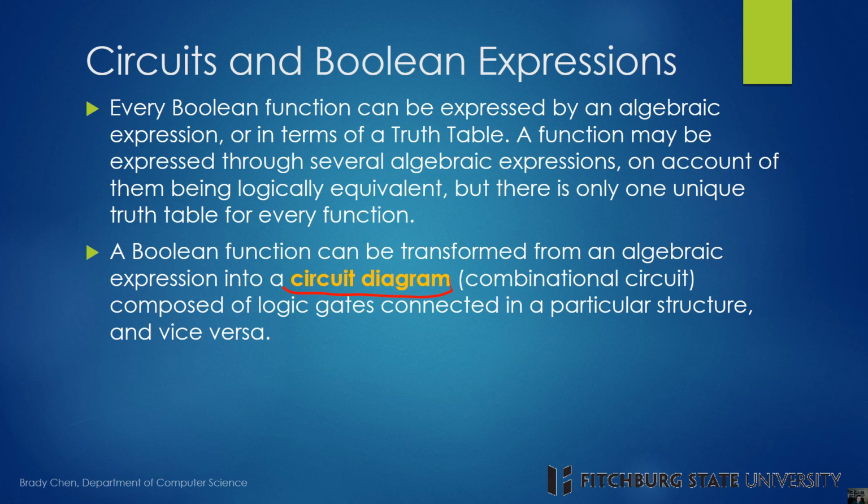So basically, we build a relationship between the Boolean expression and the circuit diagram. This provides a way for us to design a circuit by first defining the algebraic expression. Let's see how we are going to do this.